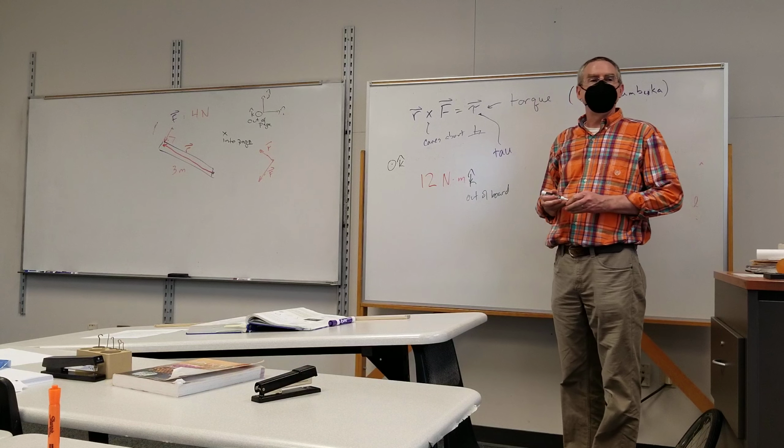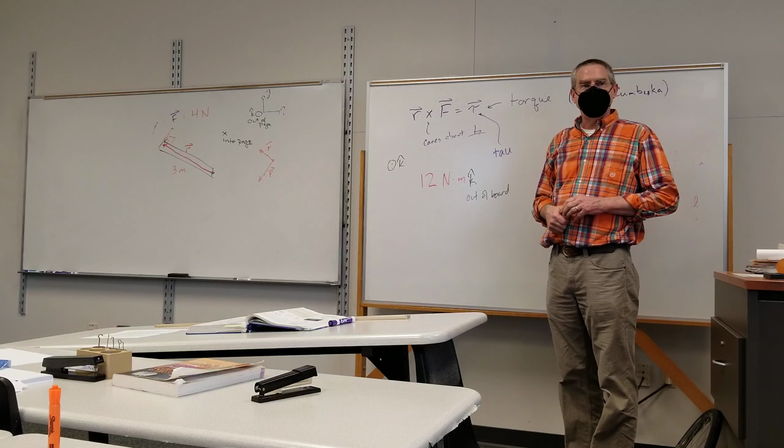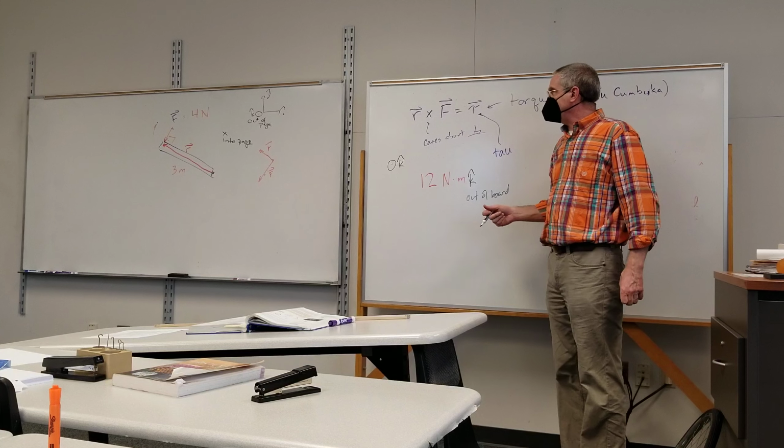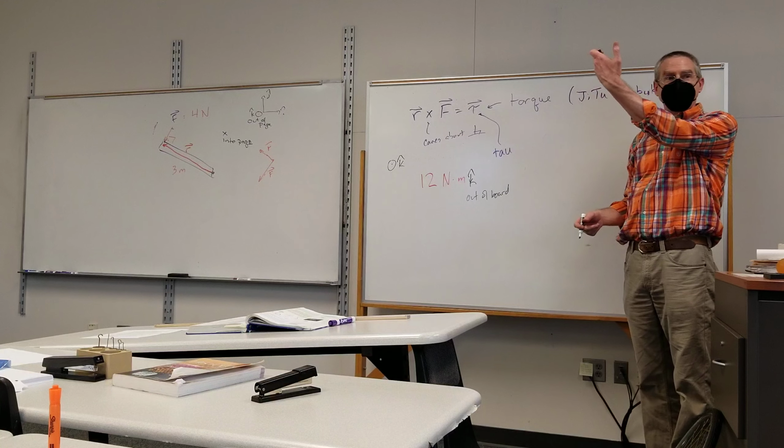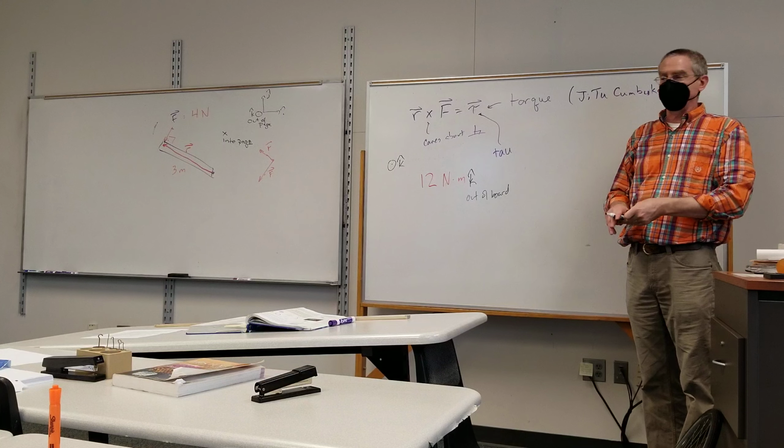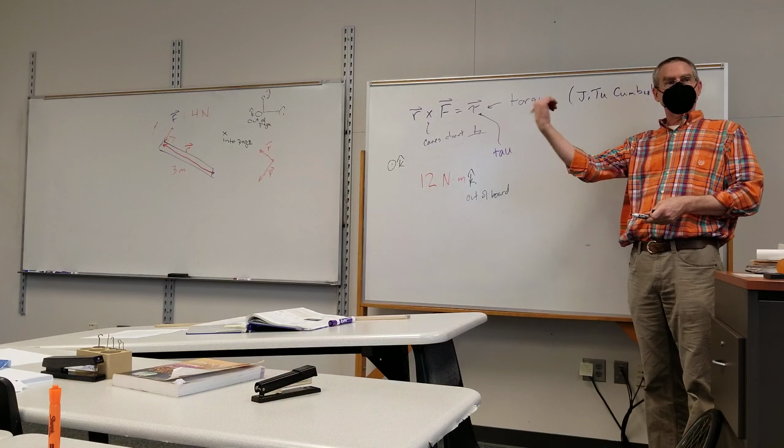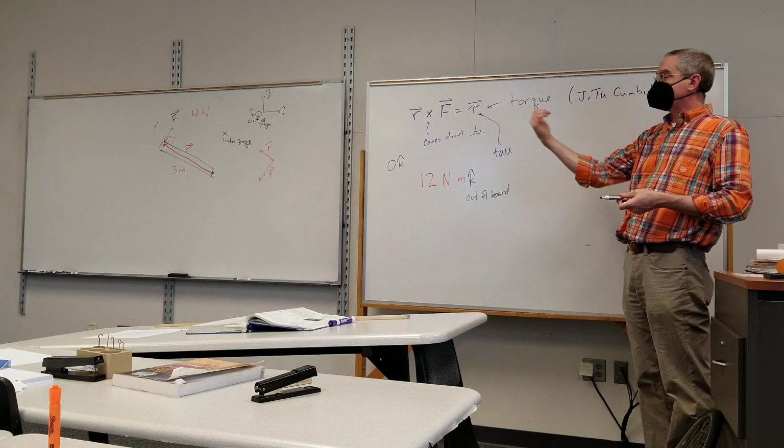So if it were into the page, we would have to define it as that. So let's say that the force was in the other direction, which flips the torque, because then that would cause the door to close from our point of view, clockwise.